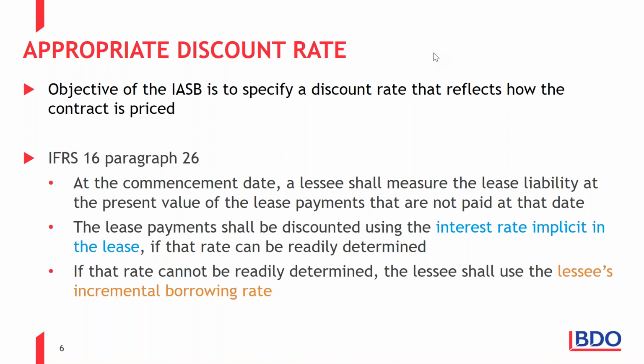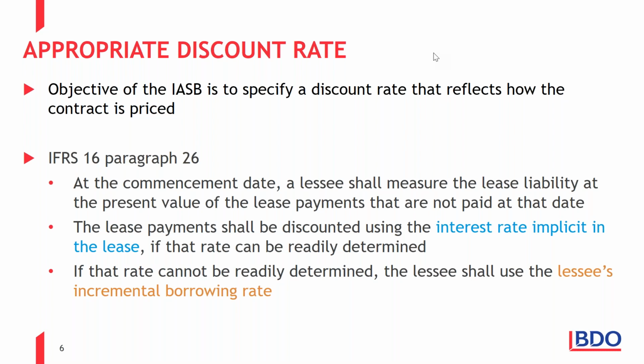In IFRS 16, in paragraph 26, it specifically says that at the commencement date, by the way, what is the commencement date? The commencement date is the date that the asset is made available for use. It's not the date we sign the agreement. It's not the date we enter into the agreement.